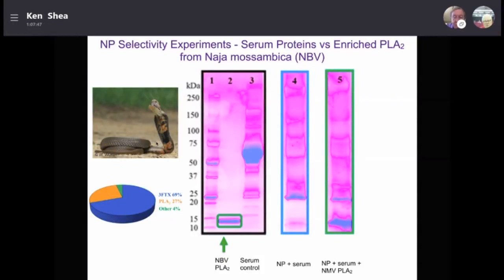Column number 3 is all of the proteins in serum. Now, if we mix our nanoparticle with just serum and identify what the nanoparticle picks up, we see it picks up several proteins from serum, showing that it's not particularly selective. But if we mix venom plus serum and then nanoparticle, we show that our nanoparticle is able to selectively pick out, from a mixture of venom and serum proteins, the toxic protein. Okay? This is a protein from the spitting cobra.